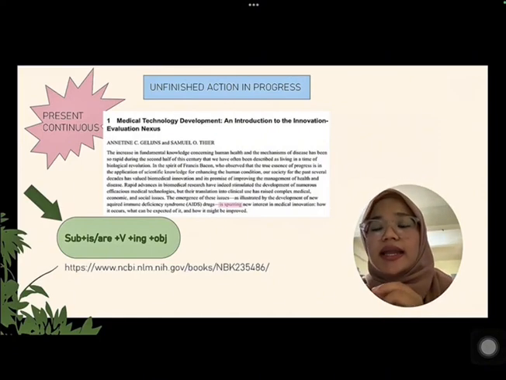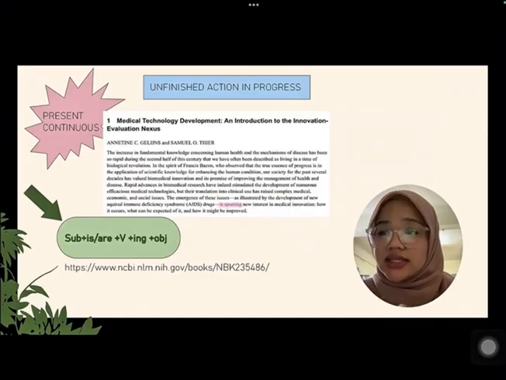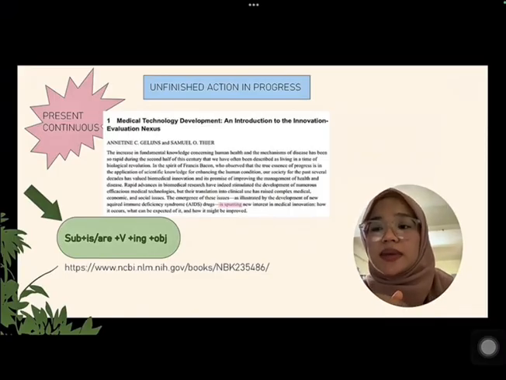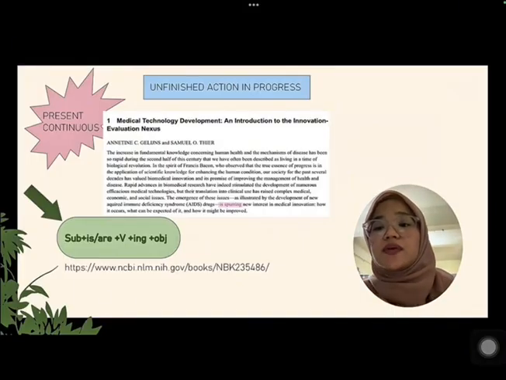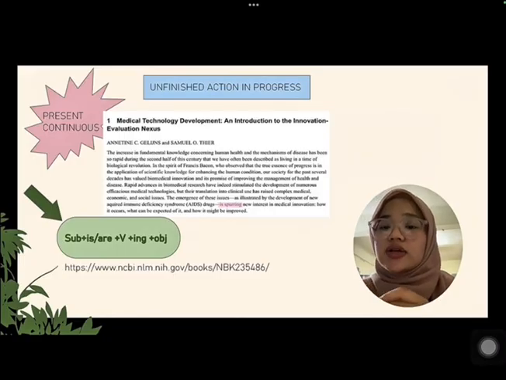The emergence of these issues, as illustrated by development of new acquired immune deficiency syndrome drugs, is spurring new interest in medical innovation. As you can see, after the word is, the verb must be with the ing to show that this sentence uses present continuous tense. So that is it.